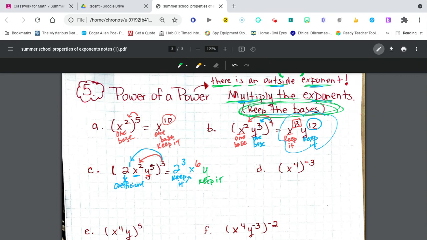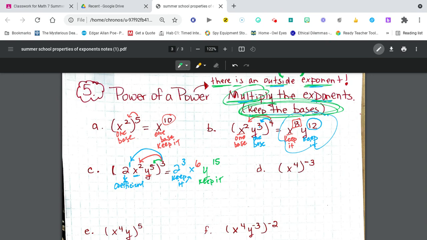All right, but how do you get the exponent for that y? Well, it says multiply the exponents. You take the outside exponent and multiply times the exponent for y. So 3 times 5 is 15. Okay. So basically, for every coefficient or base that you keep, you multiply that coefficient or base's exponent by the outside exponent.